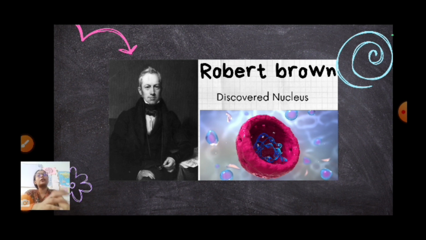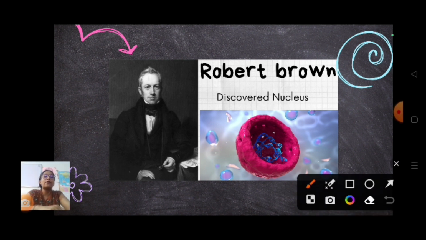Okay, now moving on to the next slide. Now we are going to see the names of the scientists who contributed to the chapter cell, which is there in your NCERT. The first scientist we have already discussed, Robert Hooke, who discovered cell in 1665. You have to know it properly.